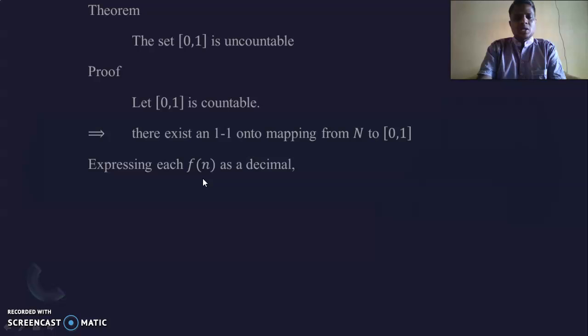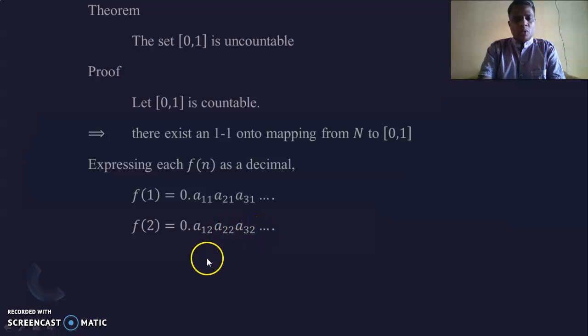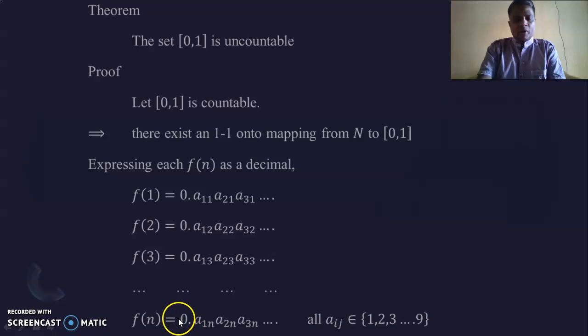Expressing each f(n) as a decimal, f(1) = 0.a11, a21, a31 and so on. f(2) = 0.a12, a22, a32 and so on. f(3) = 0.a13, a23, a33 and so on. Likewise, we construct f(n) = 0.a1n, a2n, a3n and so on.